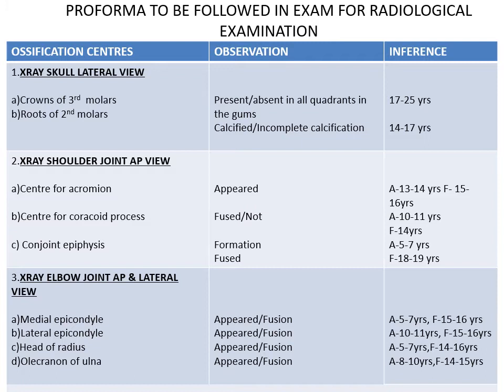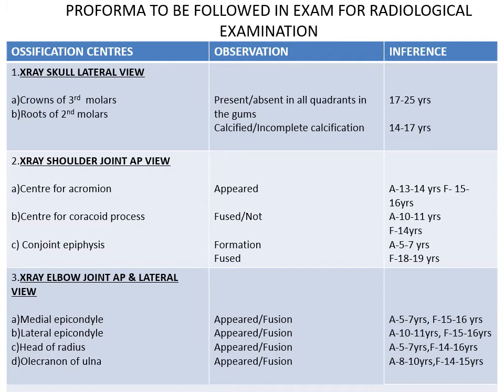So what are the X-rays, what are the centers you look for in a case of X-ray skull lateral view? In young less than 25 years you go for a lateral view of skull. If more than 25 you go for lateral as well as anteroposterior view for viewing the sutures.